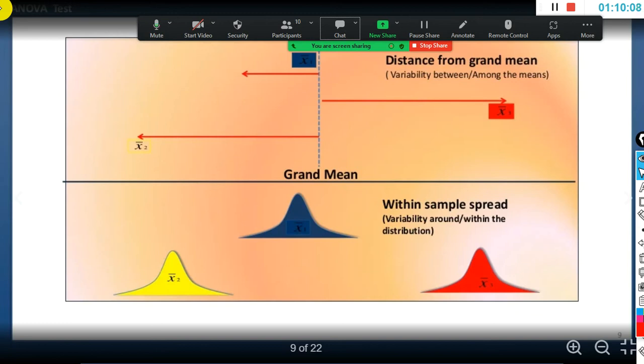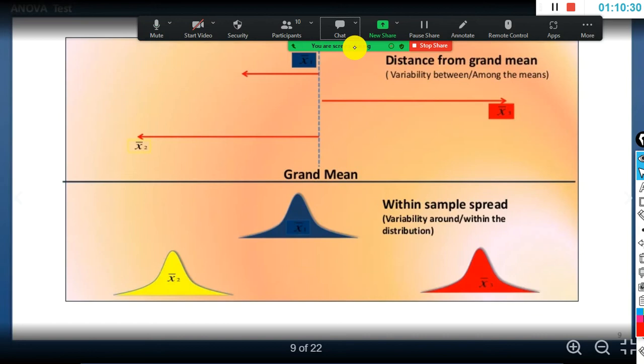How far is each group's mean? Store 1 mean is falling exactly here, store 2 mean is falling far away from this, and store 3 mean is falling far away from the grand mean. So distance from the grand mean, how far, the variability among the means.